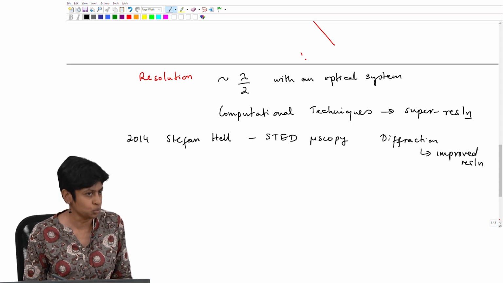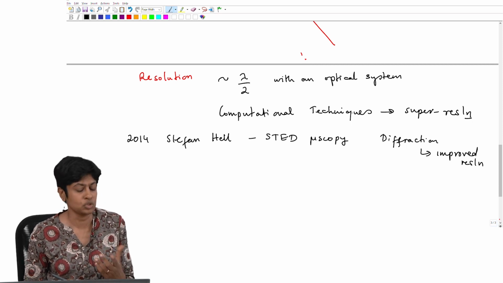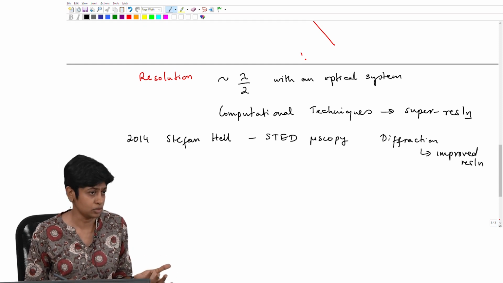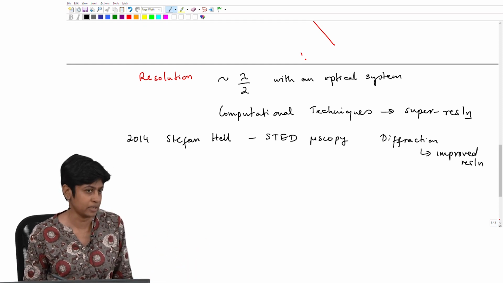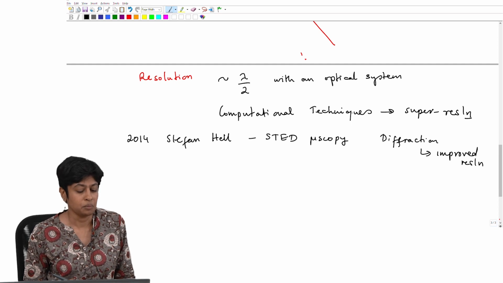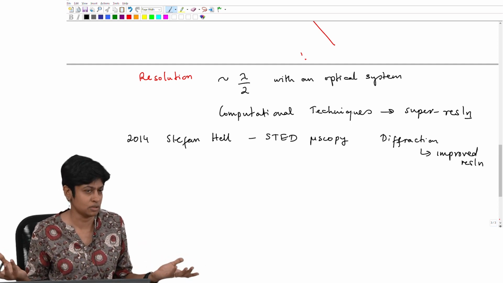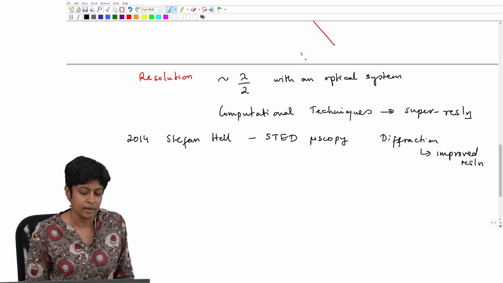And people do that. Some of the more sophisticated tools use ultraviolet, UV. So you're going to lower and lower wavelengths. But of course, you can't always use lower wavelengths.